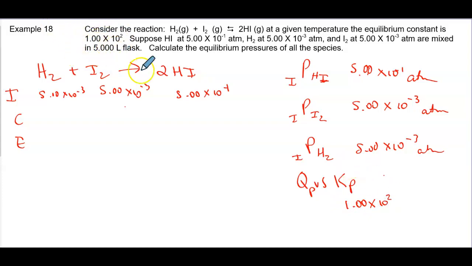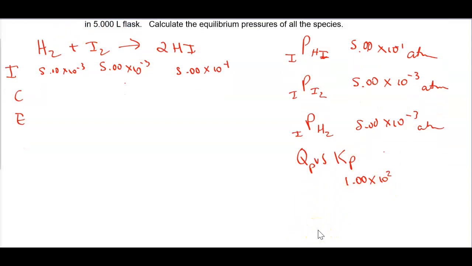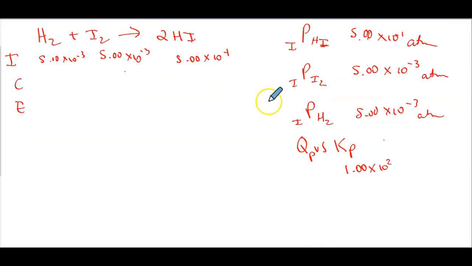And we have to figure out Q. So to do Q, we do a Q just like we do a K, except we use initial values. So if you think about what our QP would be, same thing as Q, we would have HI squared over H2 times I2.